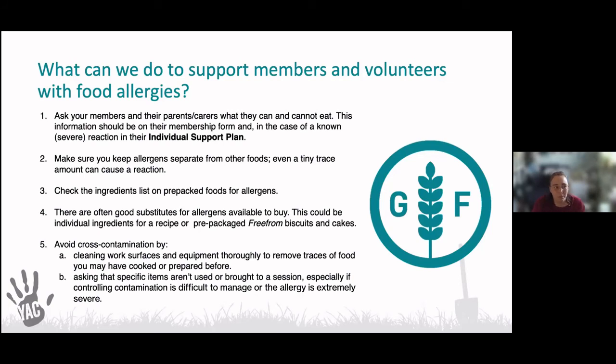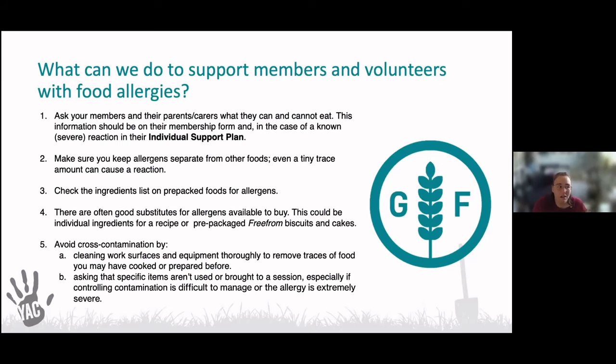Make sure you keep allergens separate from other foods, because even a trace amount can cause a reaction. So I've said I've got a citrus allergy. If you peel an orange, the zest has a 5-meter radius. So if someone peeled an orange in the same room that I was in, I would have an allergic reaction. Check the ingredients.